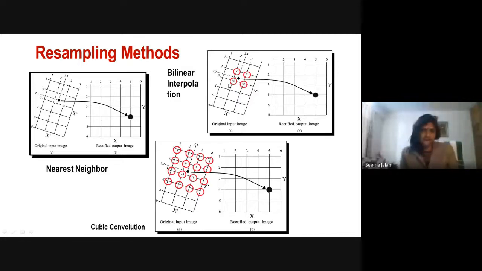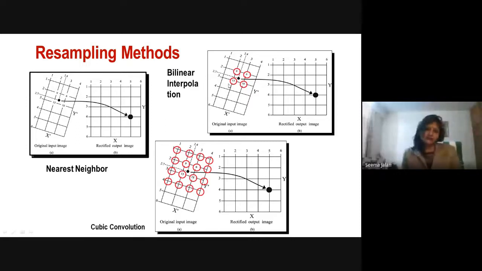So when we work with satellite data, we often use nearest neighbor, because the actual pixel values are the actual information which the satellite has collected. If we average that out, the original information is lost.